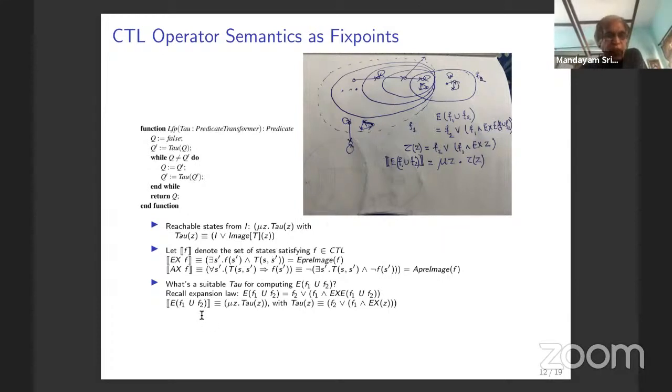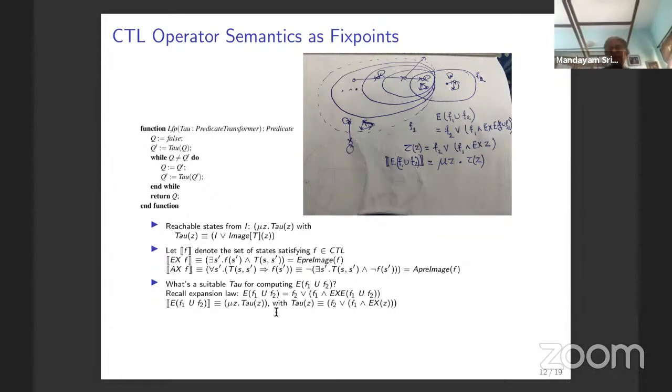When we say we will be characterizing each CTL operator in terms of fixed points, what I mean is we will define a function which maps predicates, sets of states, to sets of states, and that particular operator, in this case EU, is what I'm showing, will be defined as the least fixed point of that function over predicates.